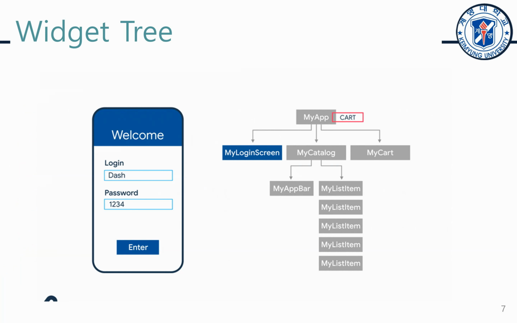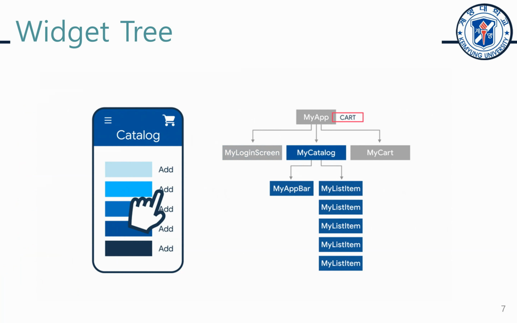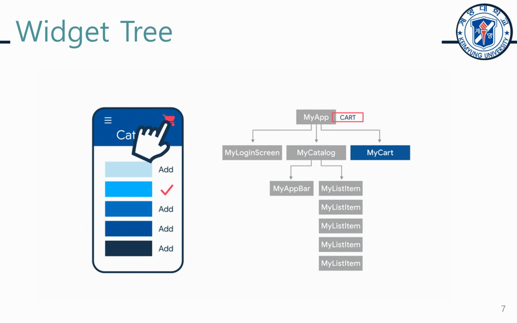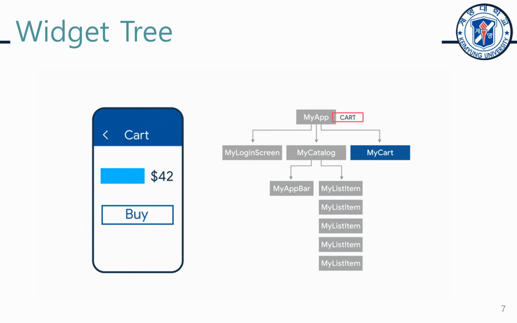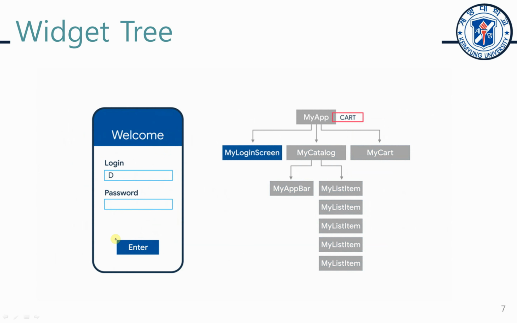So let's take a look at this animation, and you can see what is happening in the widget tree. When you click it, it will go to my cart, and then you can go to buy. The same thing will continue.